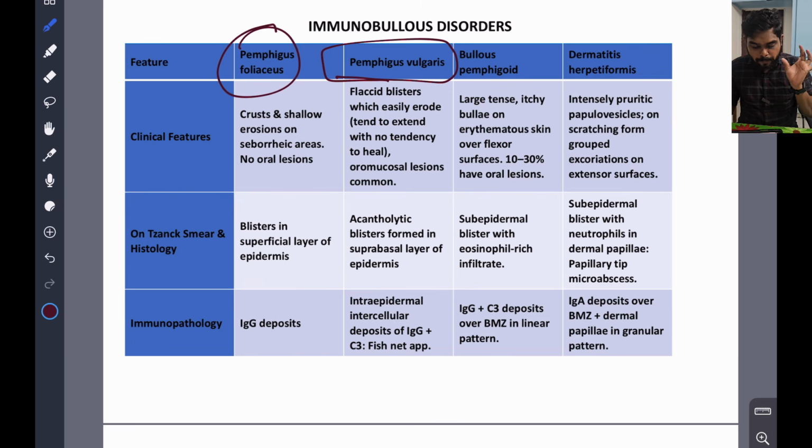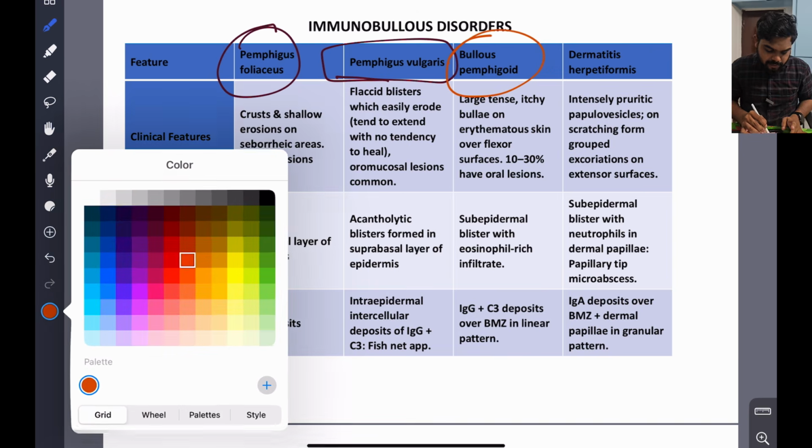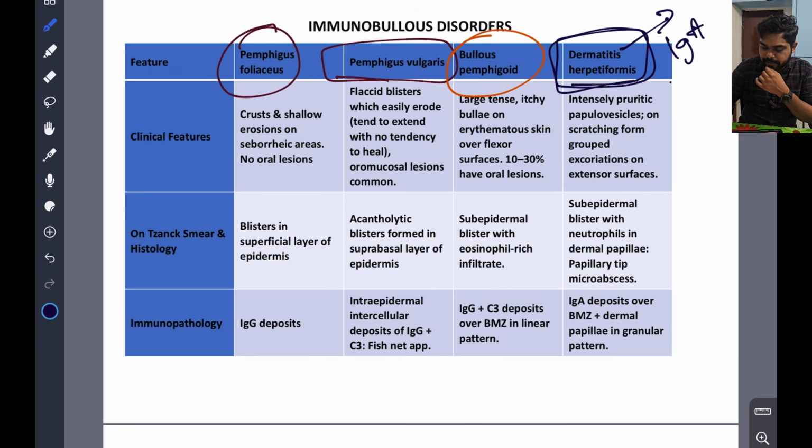The next one is bullous pemphigoid, and the next one is dermatitis herpetiformis, which is known as IgA dermatitis herpetiformis. Pemphigus foliaceus and pemphigus vulgaris are classical, while bullous pemphigoid and dermatitis herpetiformis have different features. Now we will classify according to immunofluorescence or clinical features.